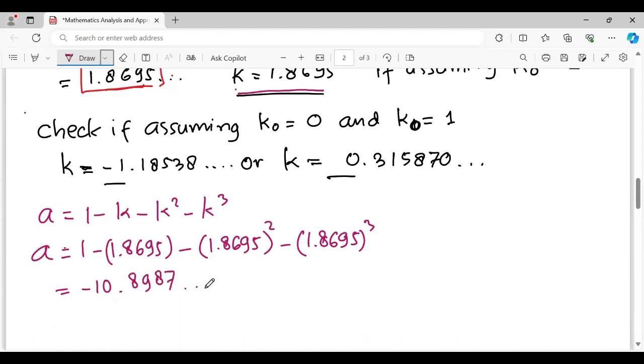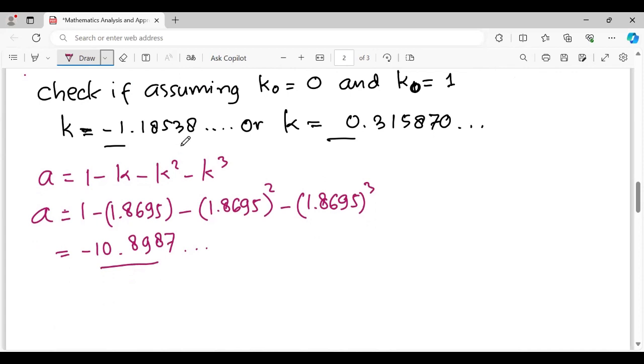So the solution is this one. But if K equals this number and K equals this number, it means A will have other solutions.